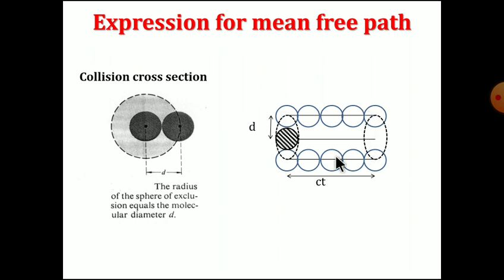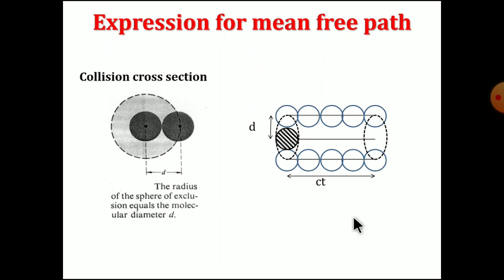That is, this molecular layer will form a cylinder whose length is equal to C into T, and the diameter is equal to twice d. Here we assume that all gas molecules are at rest and only one molecule is moving, and it collides with all other rest gas molecules.